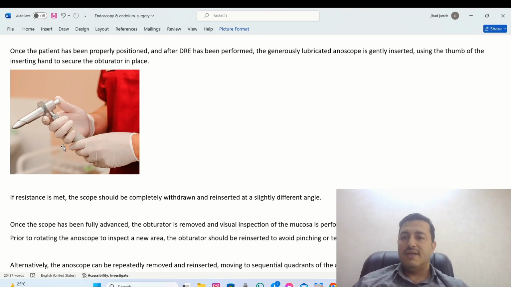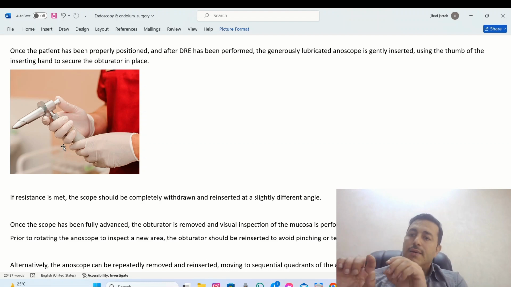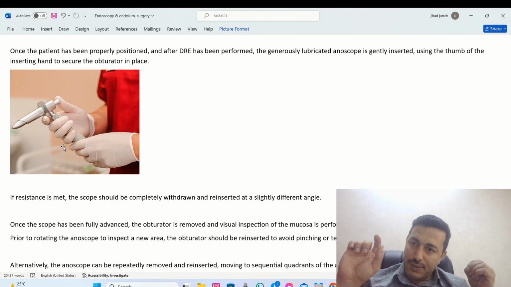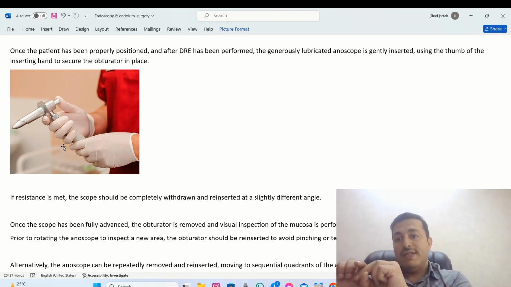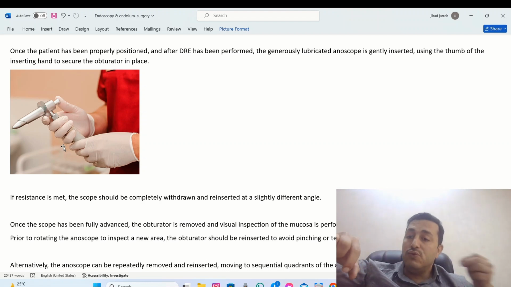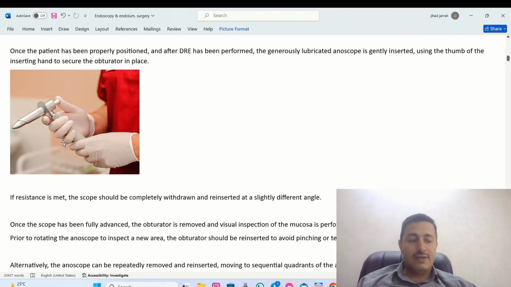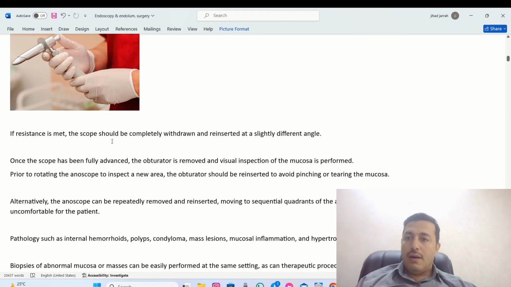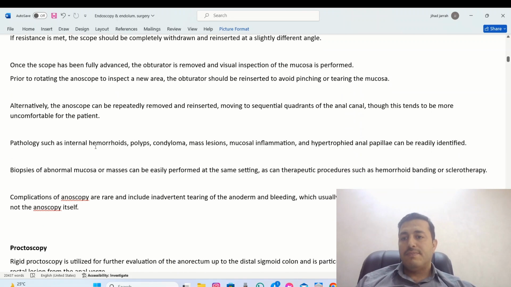But the preferred is to keep the anoscope inside, remove the obturator, inspect, reinsert the obturator, rotate, and remove it again, in order, as I said, not to cause any mucosal injury.